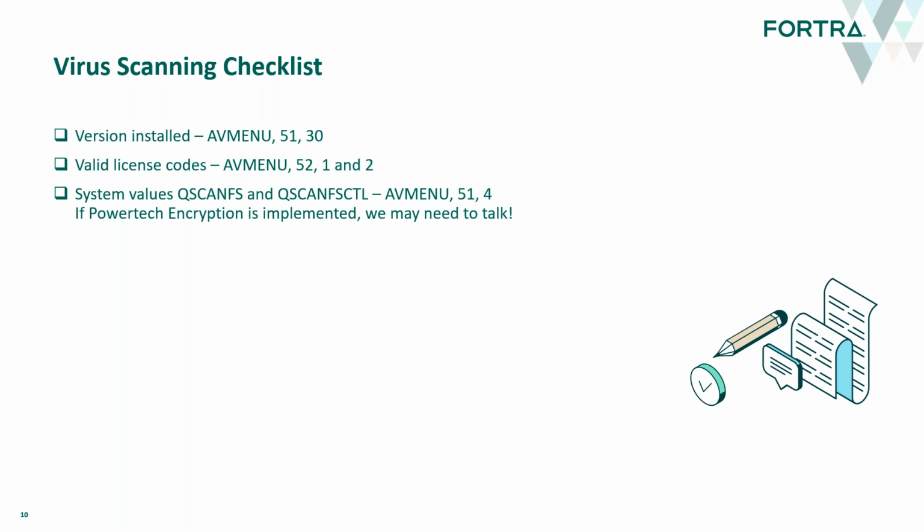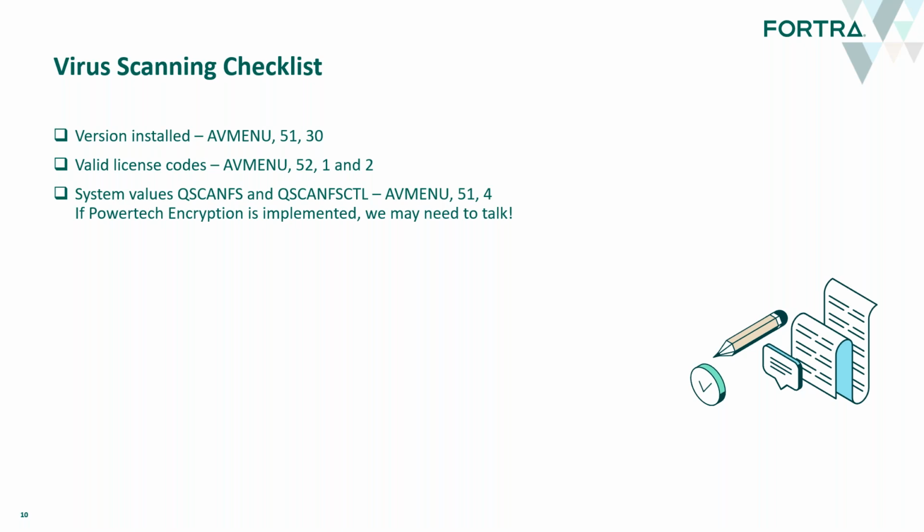The QSCANFSCTL system value is actually going to allow us to control how the scanning is going to trigger. When you installed the software, it would have changed it to *FSVRONLY and possibly *USEOCOATR, use on change only attribute. So there might be 2 attributes there. You might have had to add a 3rd one if you're running some high availability software that ran into some concerns there.